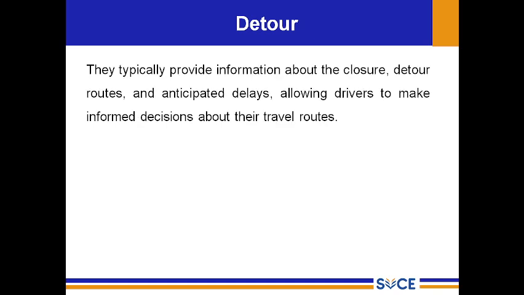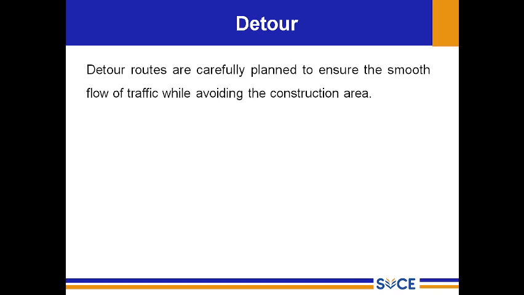They typically provide information about the closure, detour routes, and anticipated delay, allowing drivers to make informed decisions about their travel routes. So the proper information, the awareness, should be created before doing this kind of detouring.